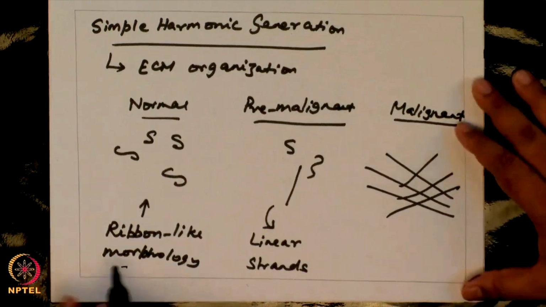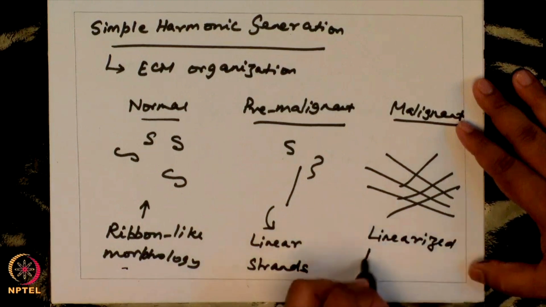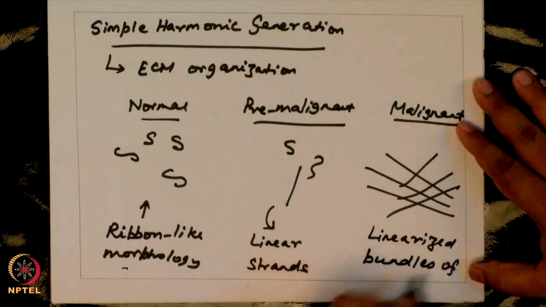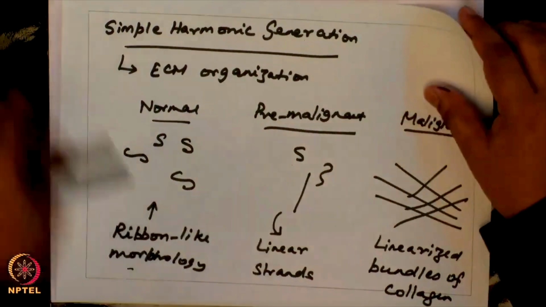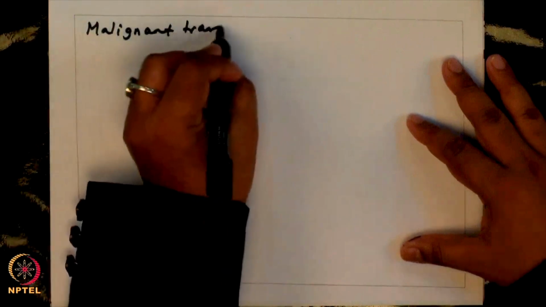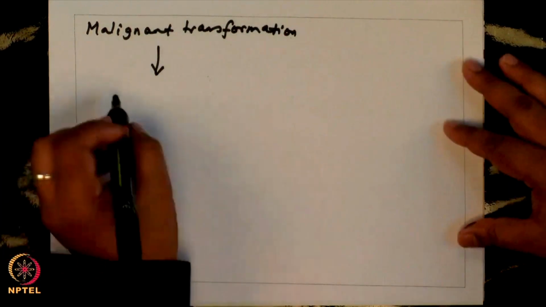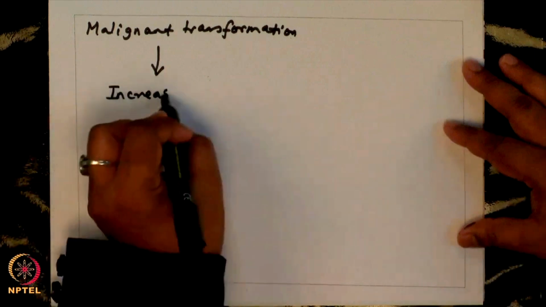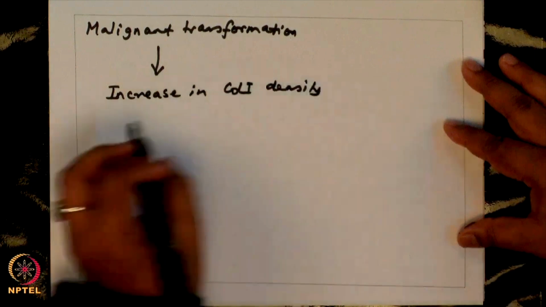So, the malignant transformation was associated with an increase in COL1, collagen 1 density, and its cross linking.